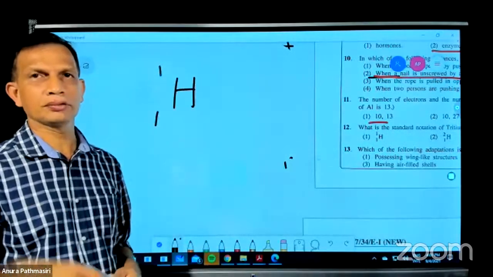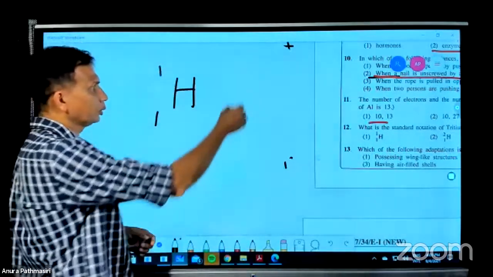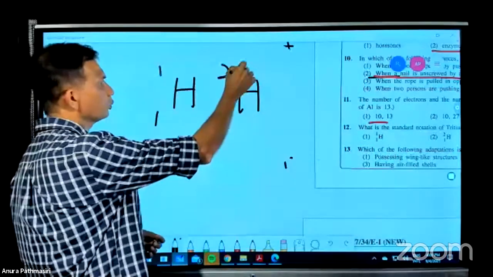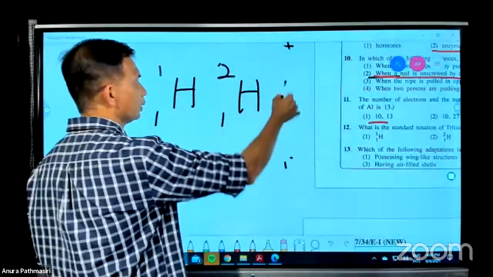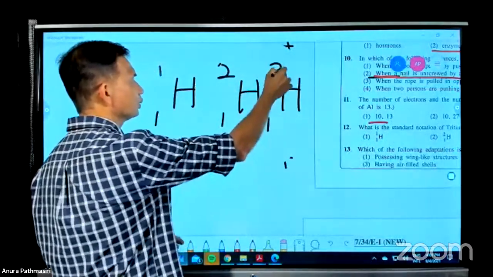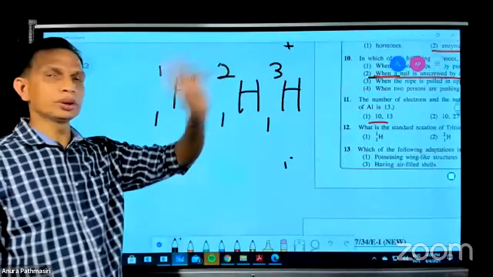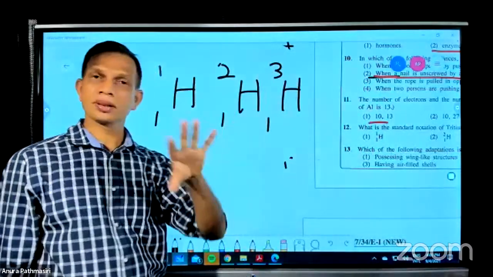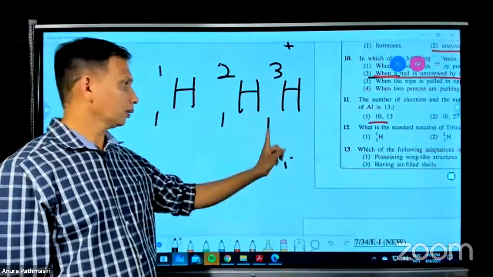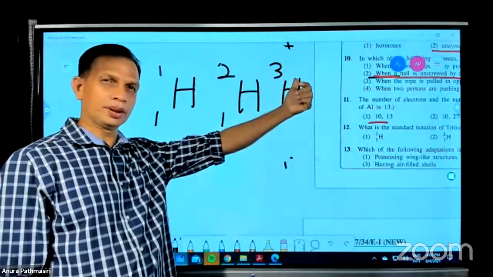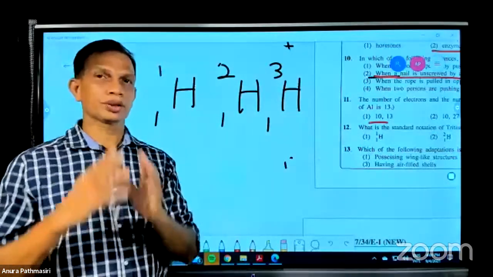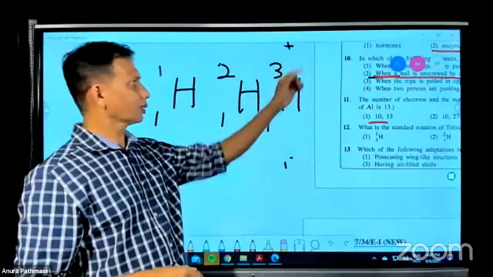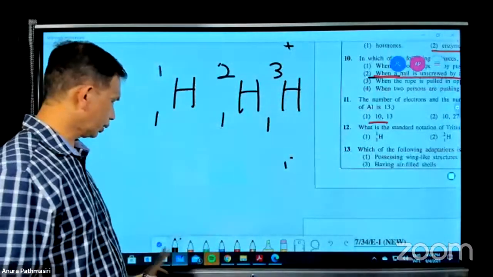It doesn't have a neutron. Deuterium, so then 1H2, one neutron is available. Tritium, 1H3. There you got two neutrons and one proton to make it mass number 3. The atomic number is 1, mass number is 3. That means it has two neutrons. So the notation of tritium is 1, 3.